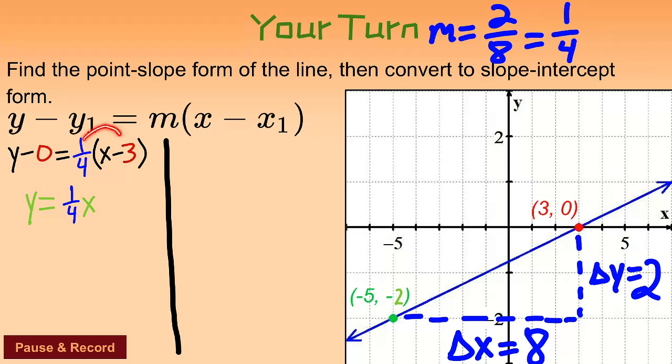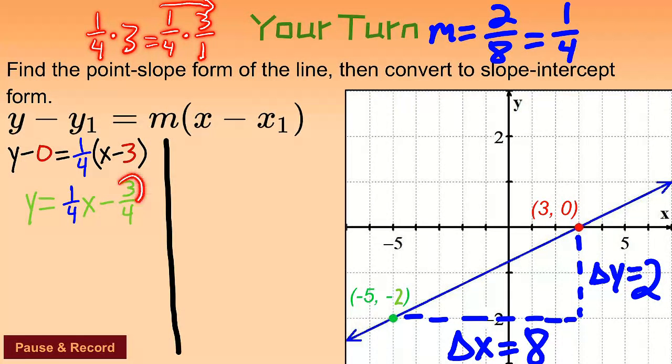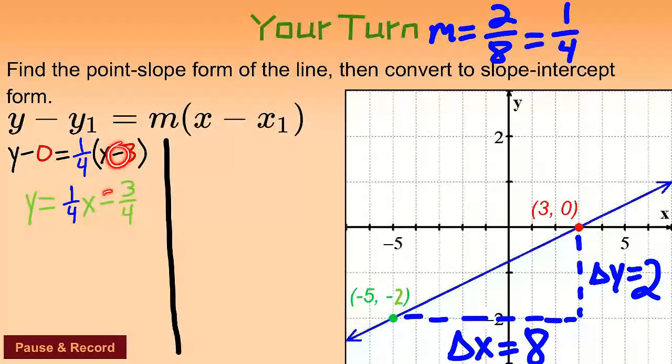And then 1/4 times -3, well, that -3 just moves up to the numerator over the 4, because 1/4 times 3 is the same as 1/4 times 3 over 1. We multiply across the numerators to get the 3 and across the denominators to get the 4. And I just kept that negative right there out front. So there's our equation in slope-intercept form.